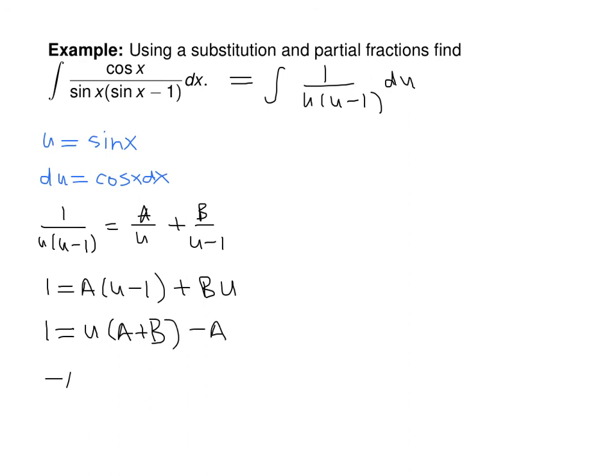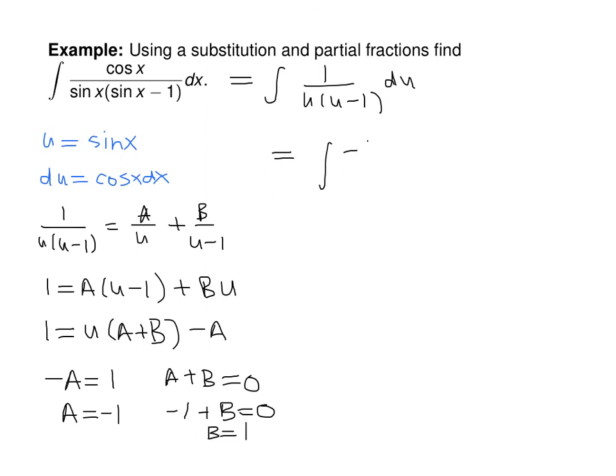And so then negative a will have to equal 1, so a is equal to negative 1. And then a plus b, because there's no u on the left-hand side there, a plus b must equal 0. So since a is negative 1, plus b equals 0, and therefore b is equal to 1. So my integral becomes the integral of negative 1 over u plus 1 over u minus 1.